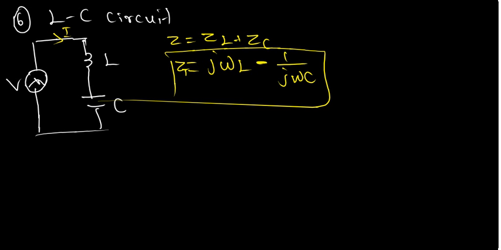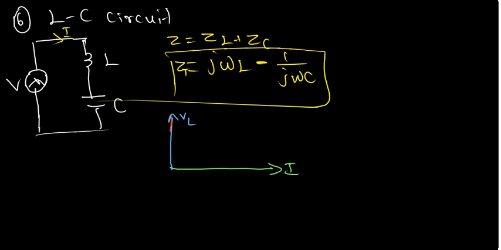So we are going to draw the phasor diagram. What is the common one? The current is the common one. I start from this current, and there is a voltage drop across the inductor and the capacitor. The voltage drop across the inductor is always leading the current. So VL is there, and then the voltage drop across the capacitor, VC.